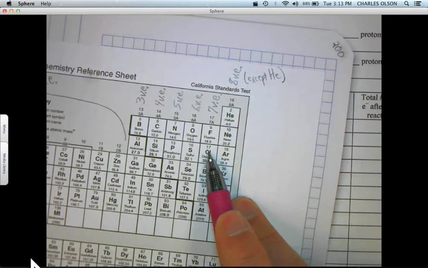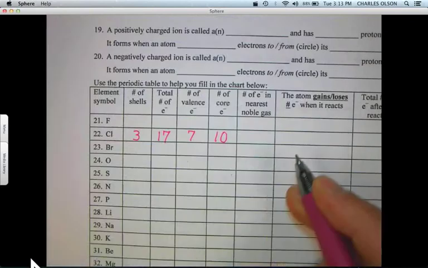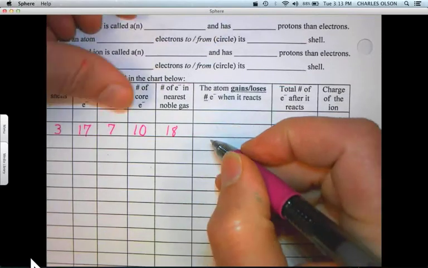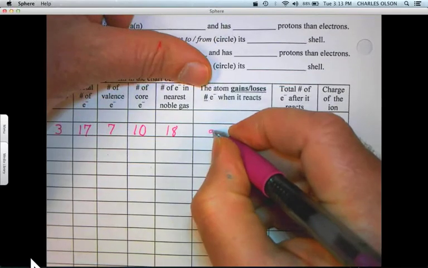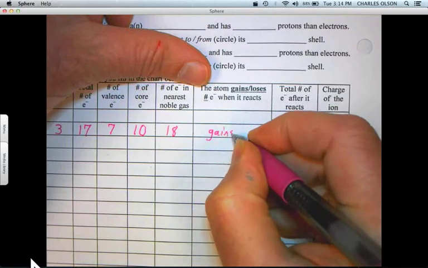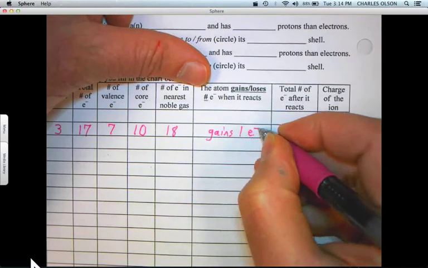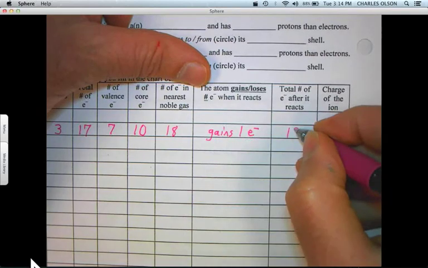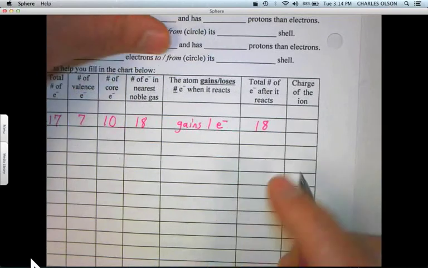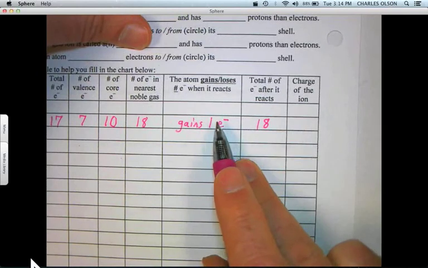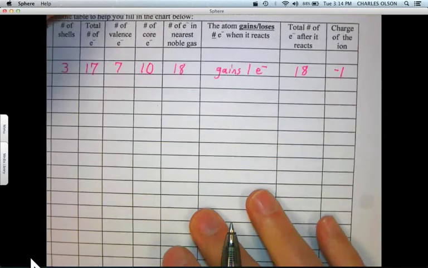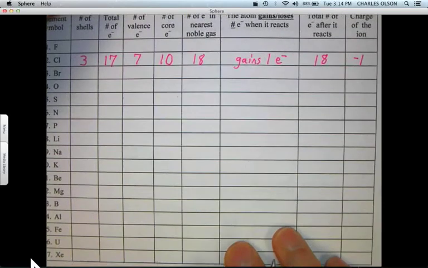So, chlorine with 7 valence electrons will get 18. 18 is our nearest noble gas, and to get 18 from 17, chlorine gains 1 electron. So 17 plus 1, it gains 1 to get 18 electrons. And the charge of the ion, now it has 1 extra electron. So the charge of the ion is -1. There we go. Let's do one more.